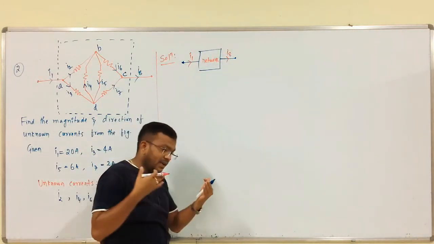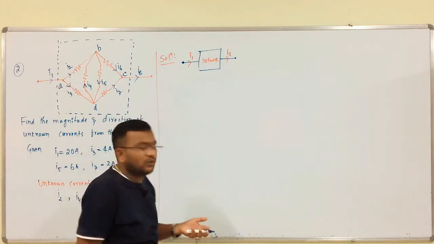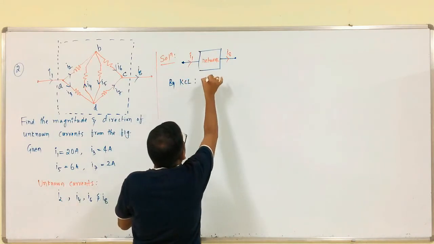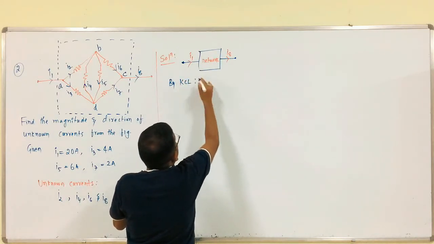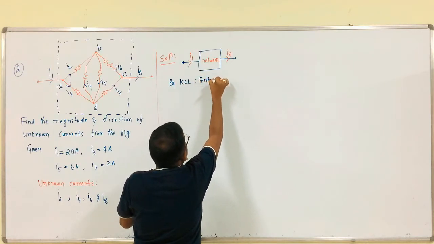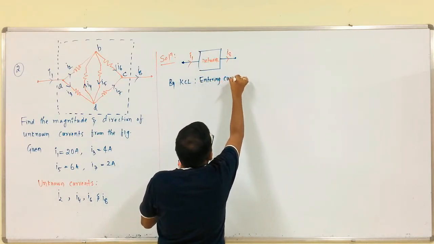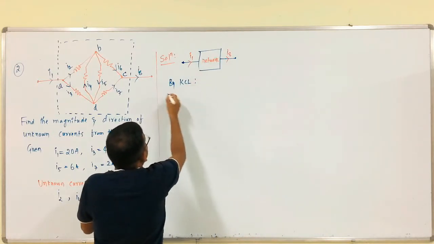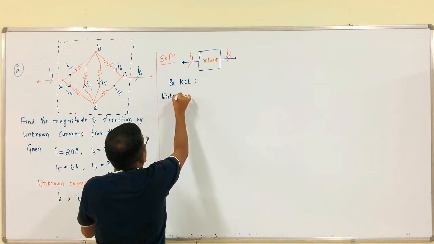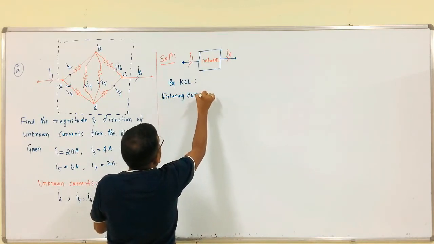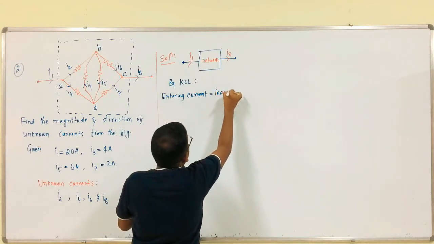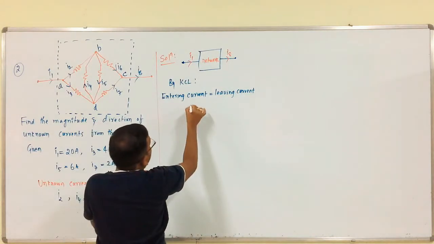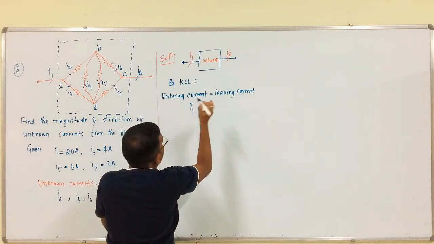What is KCL? The entering current should be equal to the leaving current. So by KCL, the entering current is I1, which is equal to I8.